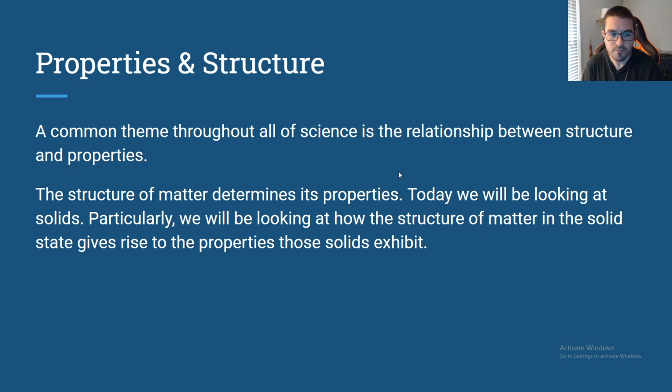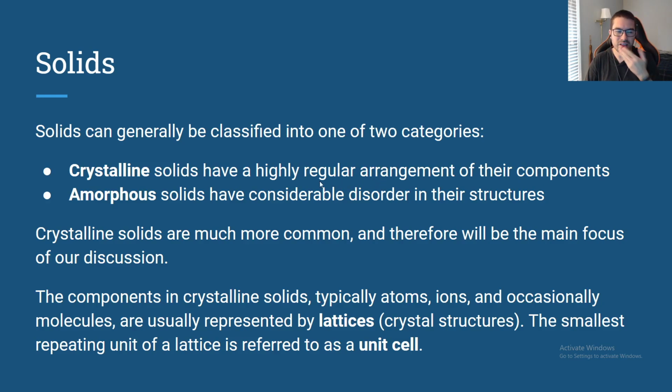A little bit of basic information about solids in general. Solids can generally be classified into one of two categories. Crystalline solids have a highly regular arrangement of their components. This does not necessarily mean a crystal like a gemstone or anything like that.